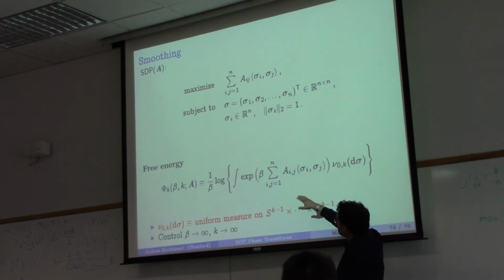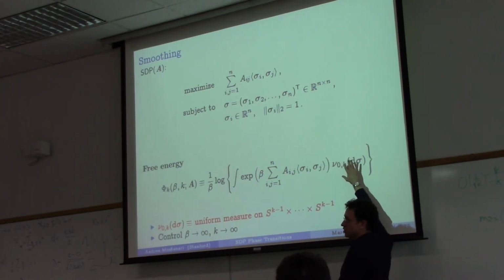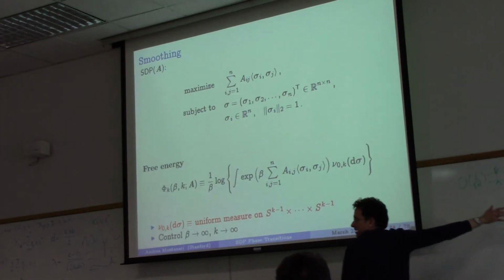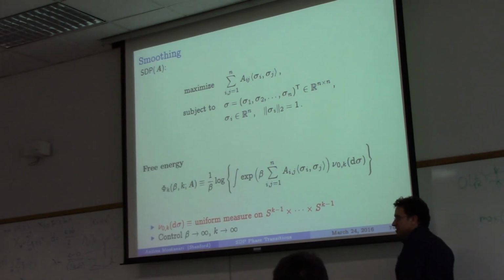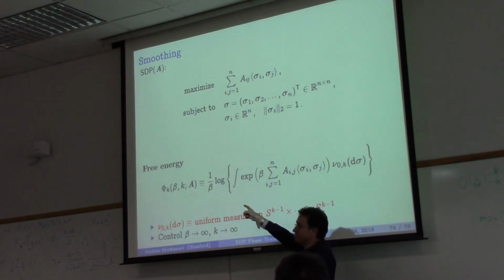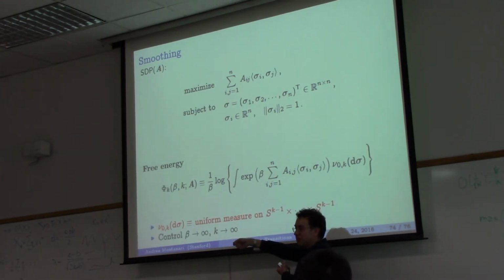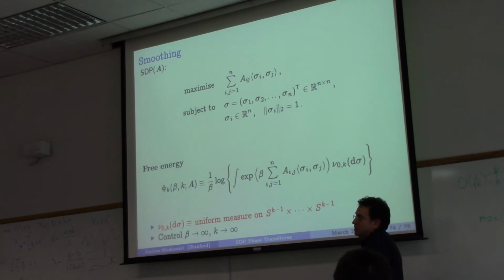So we replace this max with this kind of log partition function where we integrate over sigma. So it's just a more complicated version of this. Now, once you do this, you seem to be happy because your function is C3, but then, of course, you have to bound the error that you make in going from beta equal infinity to beta finite. We try to do it, it doesn't work.